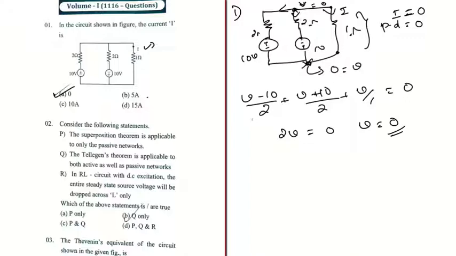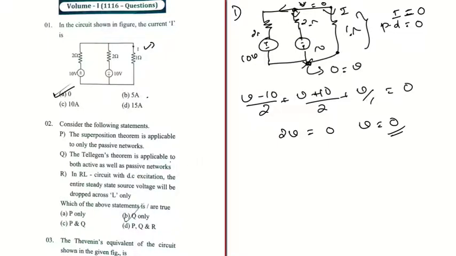Here the superposition principle is applicable. First statement, P: the superposition theorem is applicable to only passive networks. Second, Q: Thevenin's theorem is applicable to both active as well as passive networks. And the third one, R: in an RL circuit with DC excitation, the entire steady state source voltage will be dropped across L only.